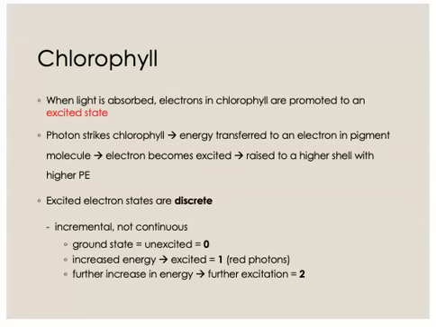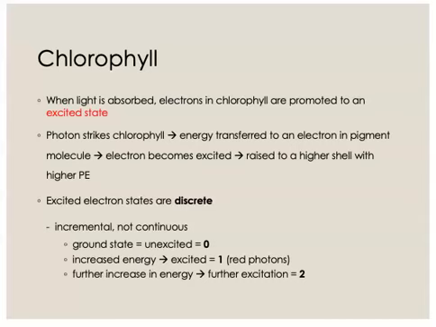The electron then jumps up in excitation. In other words, it gets raised into a higher shell with a higher potential energy. Because remember, electrons are the conduits of the movement of energy, or the flow of energy, in a living cell.